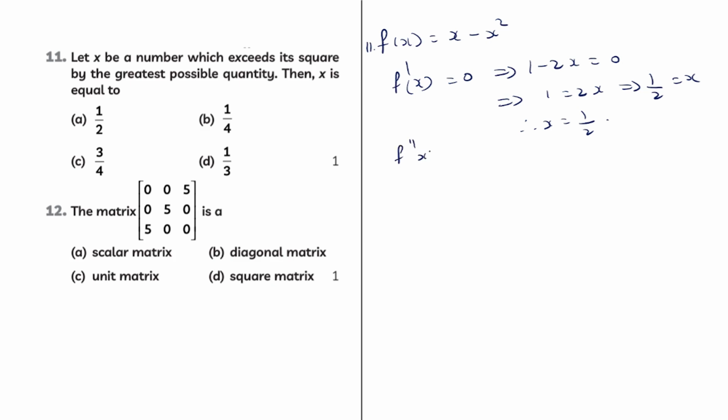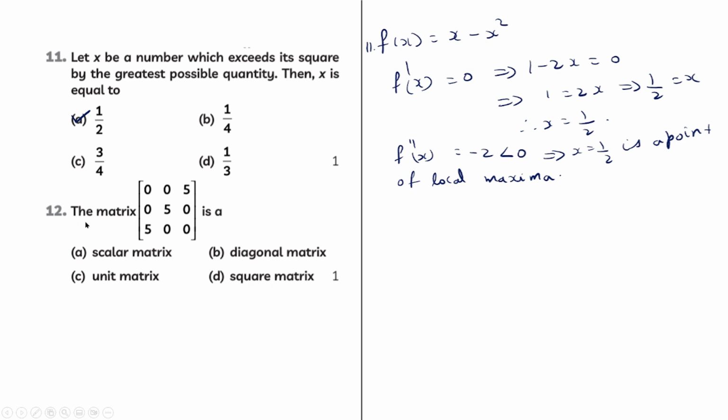Now f double dash of x, when we differentiate this again, it is minus 2, which is less than 0. This implies x is equal to half is a point of local maxima. So here x is equal to half. This is x.